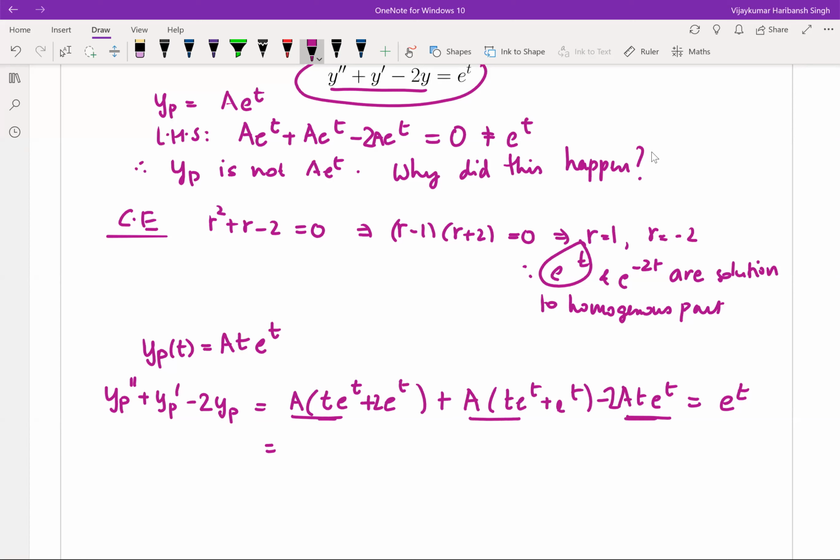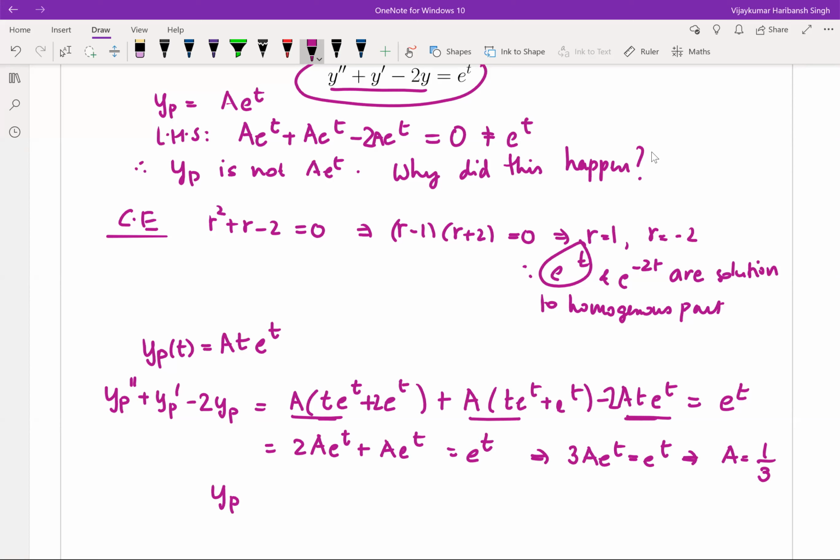So what is left out here? A times 2 e to the power t. What is left out here? Plus a e to the power t equals e to the power t. So we get 3a e to the power t equals e to the power t, which implies a equals 1 by 3. Therefore, what is my yp?